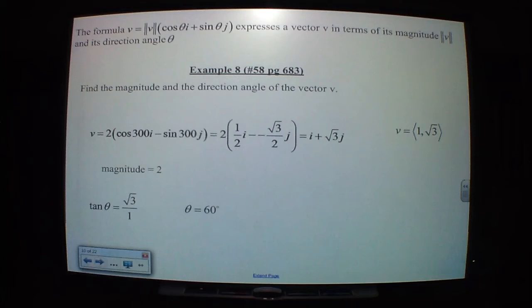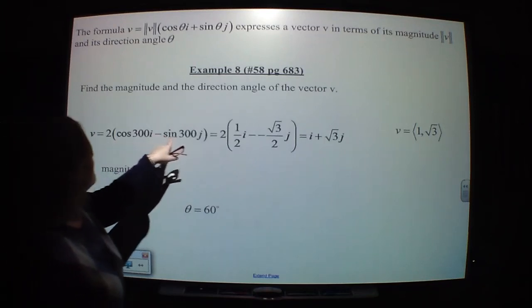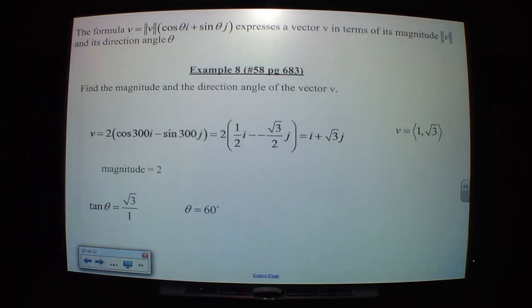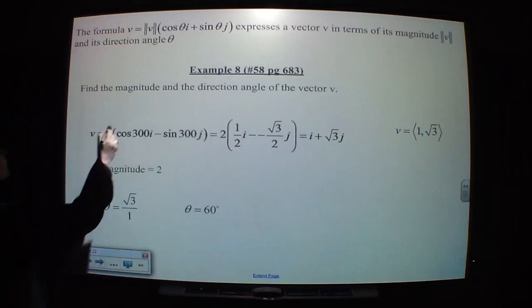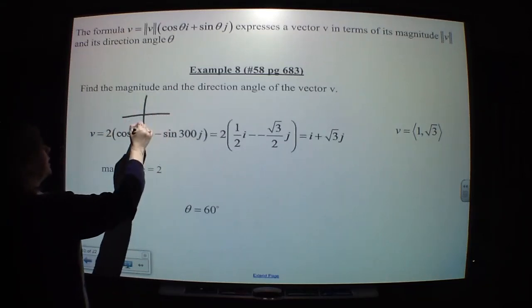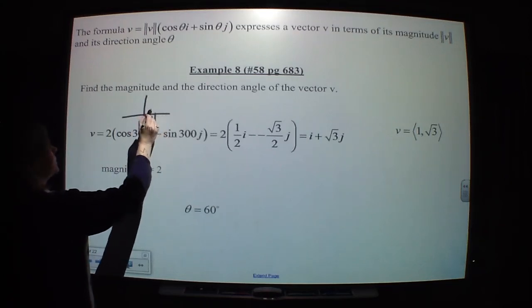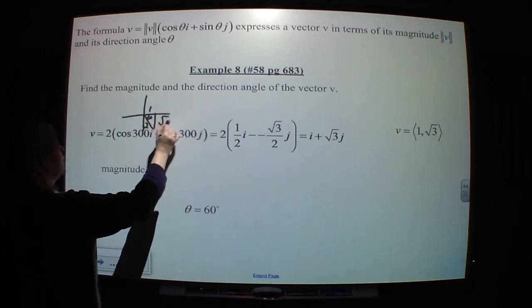And the last example that I want to do for this section, using that same formula again, I want to find the magnitude and the direction angle of the vector v equal to 2 cosine 300 i minus sine of 300 j. So let's plug in what we know. This is 180. This is 270. There's 300. So that's 60. 1, 2, radical 3.